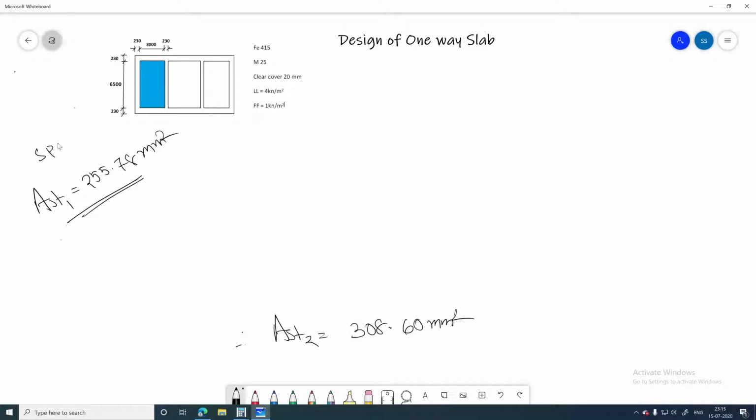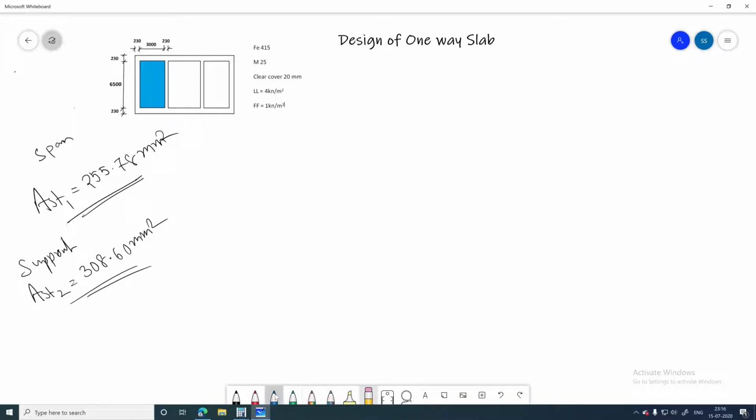And for the support, that is AST2, 308.60 mm square. So finally we got the area of steel required for the span moment and for the support moment. Now this is the requirement.